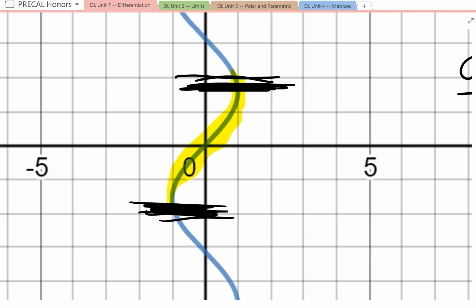Yes, I do. All the tangent lines in this interval, besides of course the edge ones which are vertical, all of these tangent lines are positive. They all have a positive slope.